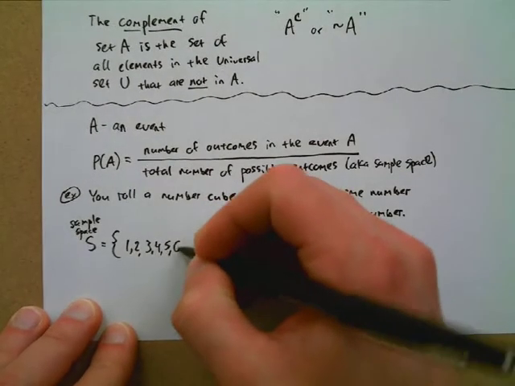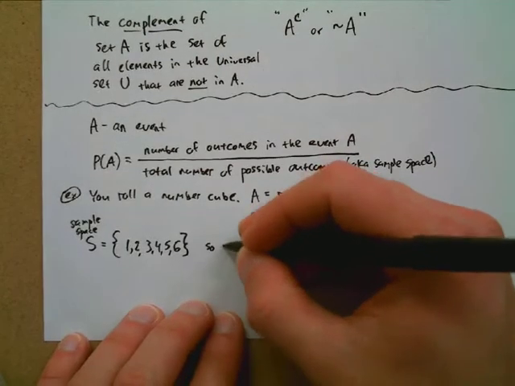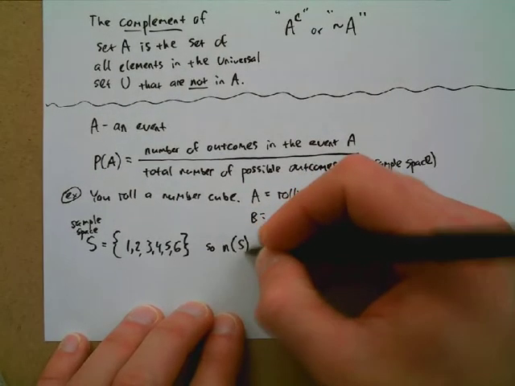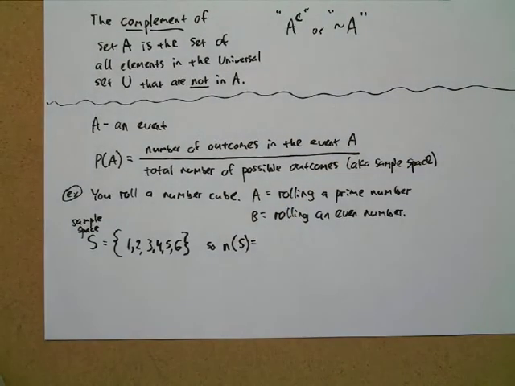That's our sample space. How many elements are there in our sample space? 6. So n of S is 6.